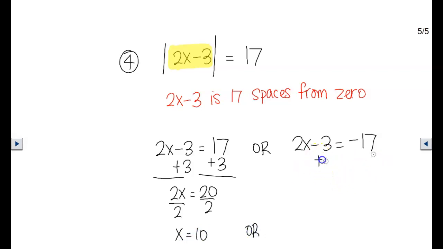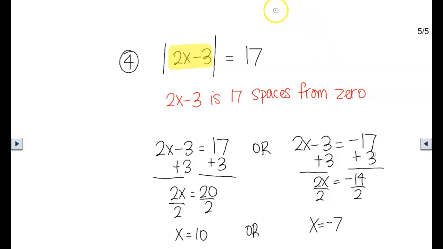Over here, we would add 3. 2x is equal to negative 14. And then we would divide by 2. And we would get x is negative 7. So if the absolute value of 2x minus 3 is 17, if he is 17 spaces away from 0, then the x in this problem could be 10 or negative 7.